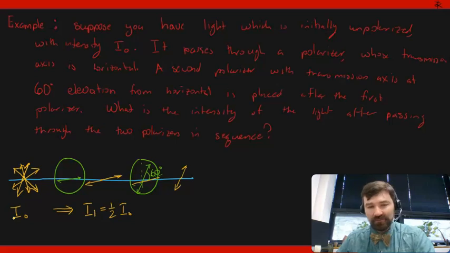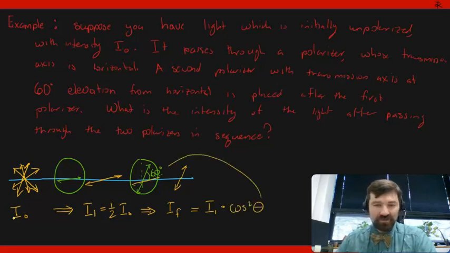And now we go out the other end. I final should look like I1 times cosine squared theta, where theta is given as 60 degrees.